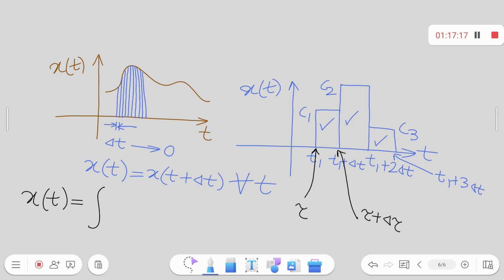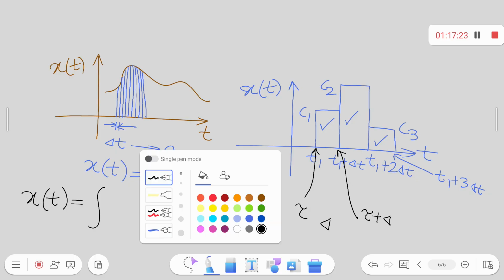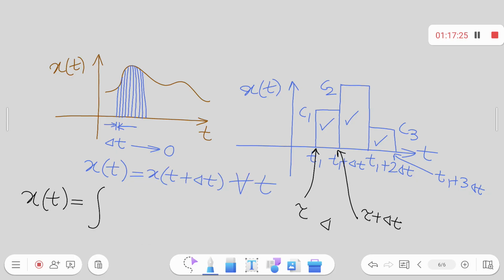So almost very small, tau plus delta t, and delta t approaching towards 0. So this value, this constant value, can be regarded as x of tau.